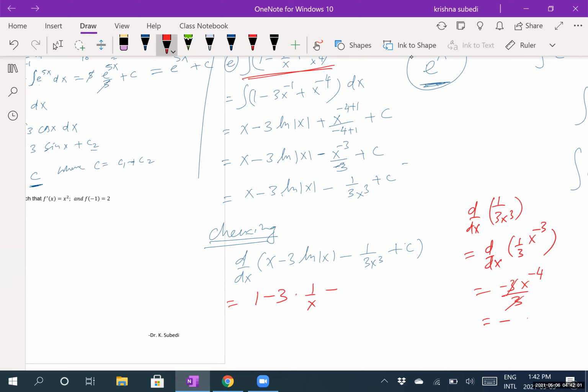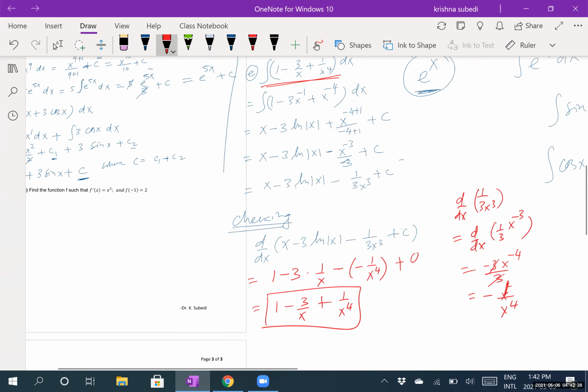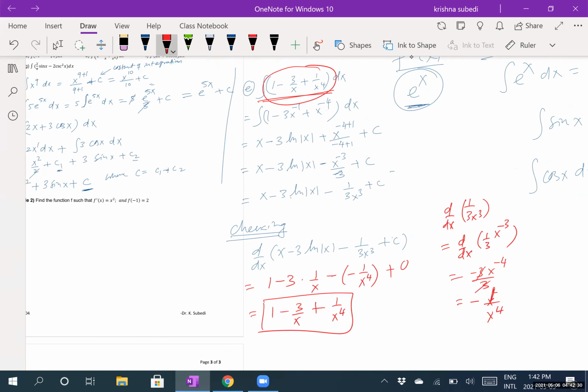We get negative x power negative 4, which means negative 1 over x power 4, plus the derivative of c, which is 0. So we got 1 minus 3 over x, and negative and negative will be positive, 1 over x power 4. Is this the same thing that we started with here? You see, they are the same, right? So our answer is correct. That's how we can check.